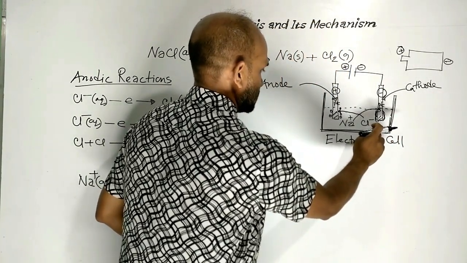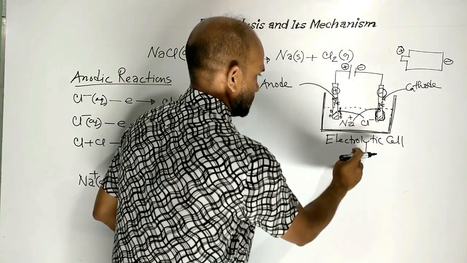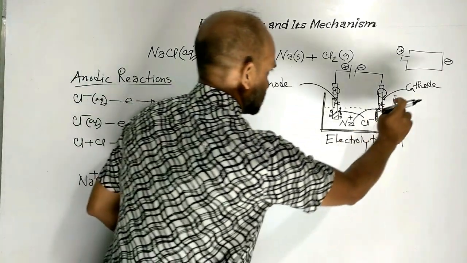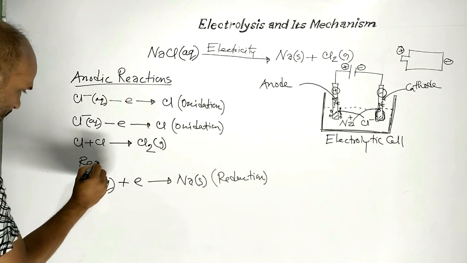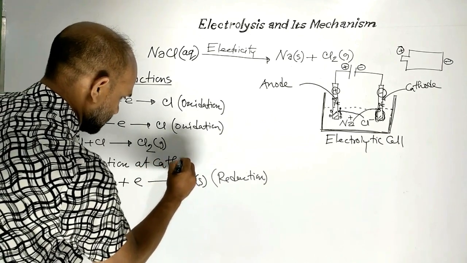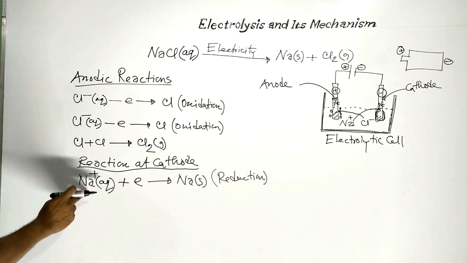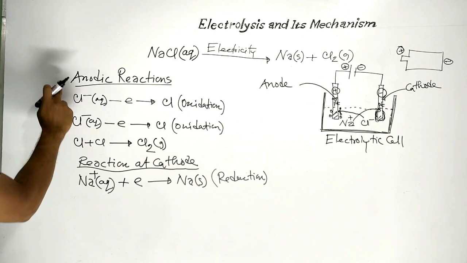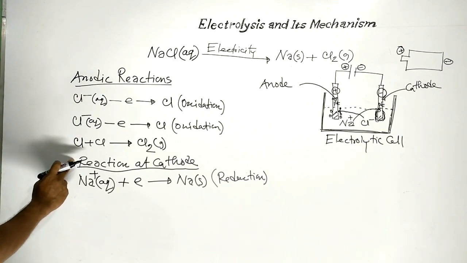Definition of cathode: the metallic strip in an electrolytic cell in which a reduction reaction occurs is called the cathode. So we can say here reaction at cathode, or cathodic reaction. This is reaction at anode or anodic reaction, reaction at cathode or cathodic reaction.